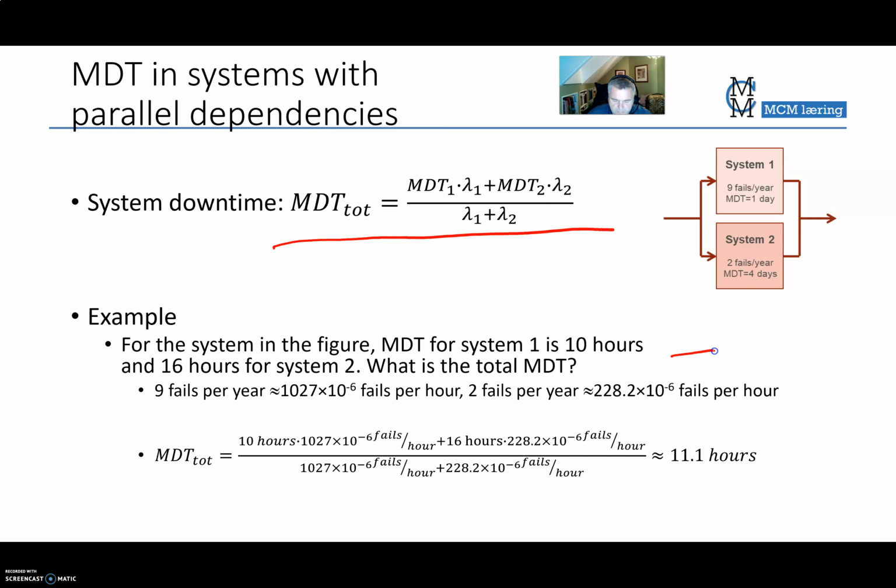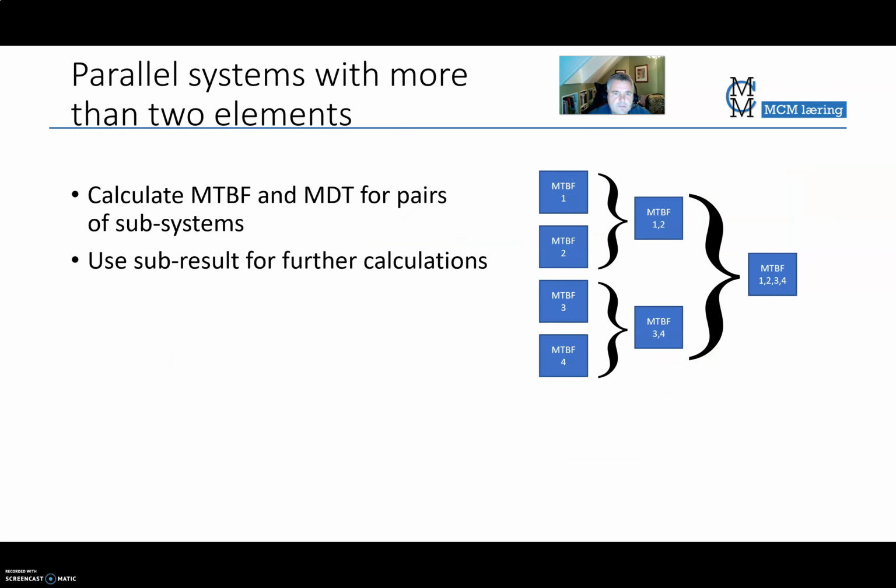And here's an example that you can go through on your own. So what do you do if you have more than 2 elements in parallel? Actually, that's not very common. For the pilot example you have 2. For another example, a server with 2 disks mirroring each other, that would be 2. But in some cases you have more than 2.